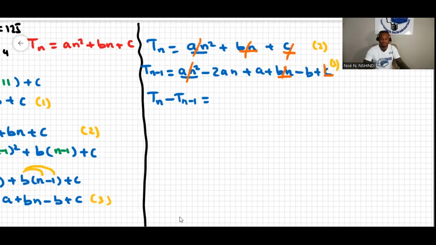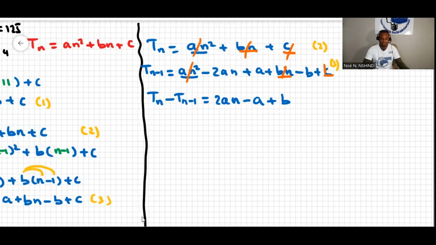So over here we are left with 0 minus, okay, so 0 minus negative 2an will be positive 2an, and 0 minus a will be minus a, and then 0 minus negative b will make positive b.